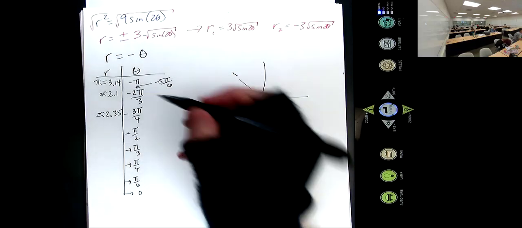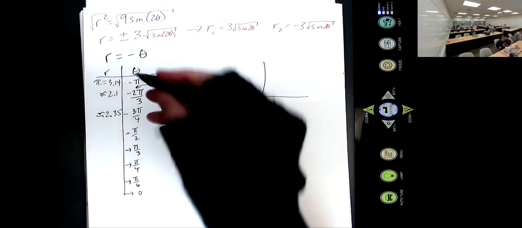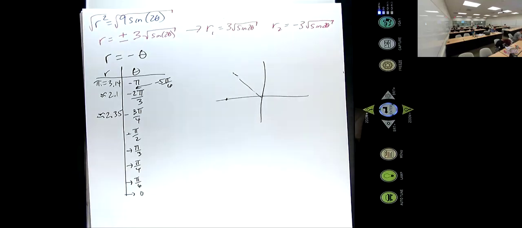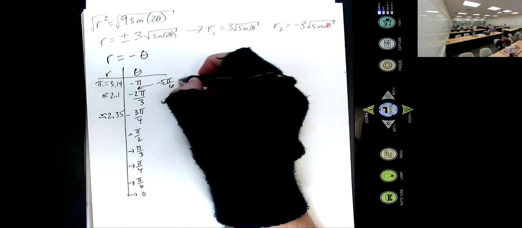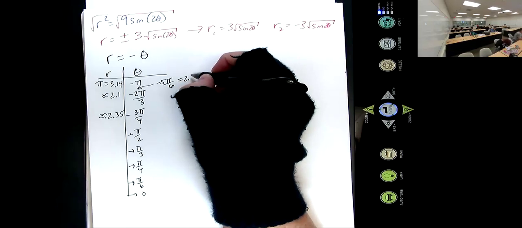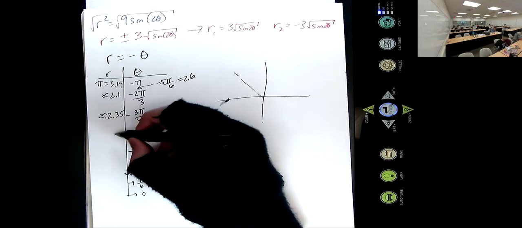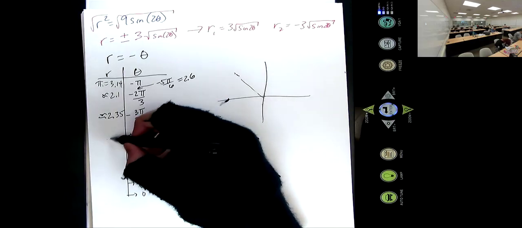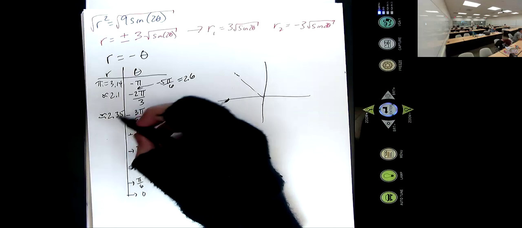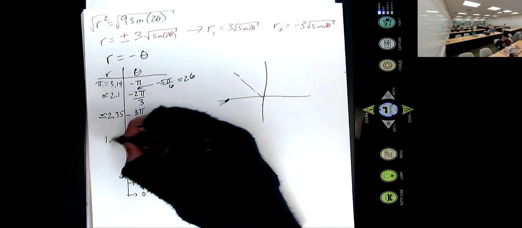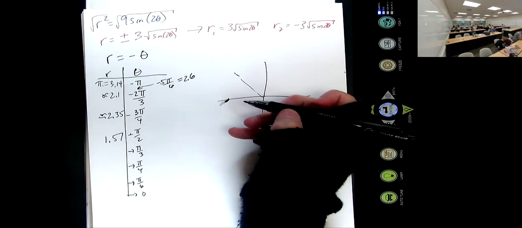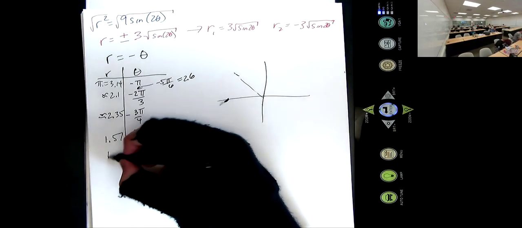I have these in the wrong sequence. I didn't even do the 5 pi over 6. That one's about 2.6. Pi over 2 is about 1.57. Pi over 3 is about 1.05.